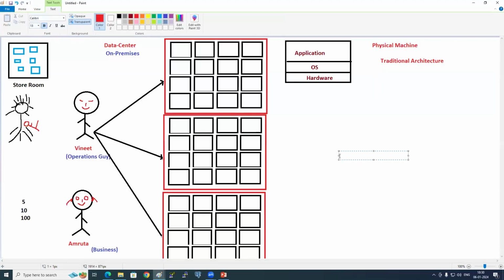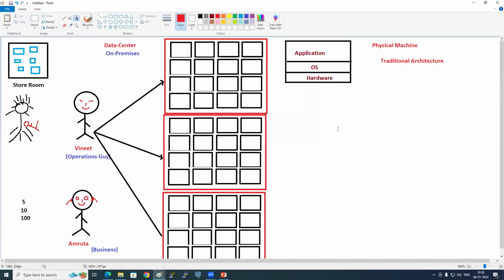So whenever there is a new requirement, he is going and purchasing new servers, and the number of issues is getting multiplied. Now he is already frustrated, and he's lying under the tree. He opened the phone and he's surfing on the internet.